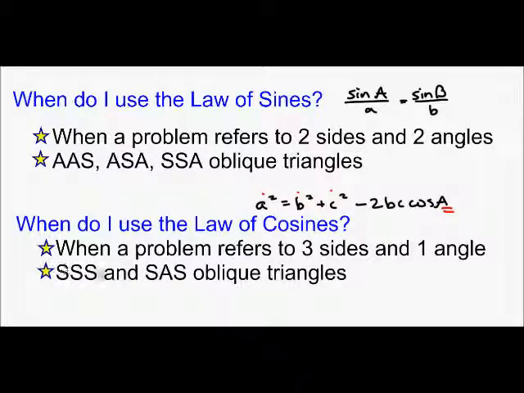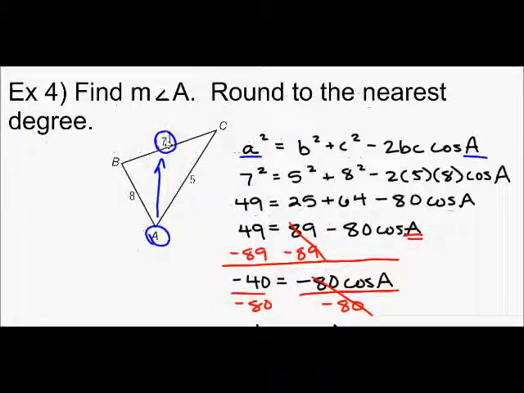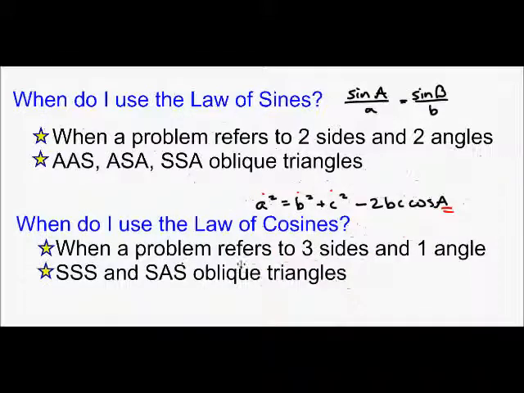If you have a side, side, side, like we just had in this problem here, side, side, side, no angles given to you, or a side, angle, side triangle, then you'll use the law of cosines. So hopefully this little cheat sheet will help you. Okay. And that is all for lesson 5.